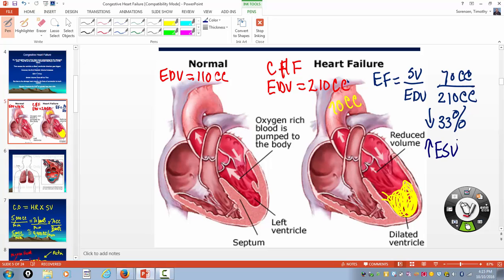After it contracts, it's going to push out that 70 cc's, so what's left over is the end systolic volume. So as the heart weakens, this ejection fraction begins to drop, and that's how physicians can tell if their heart failure is getting worse.